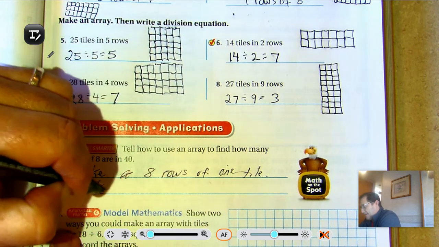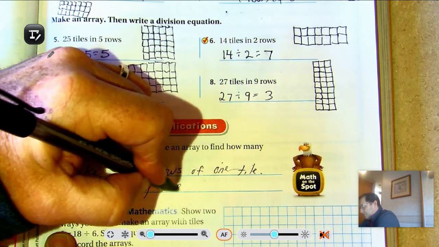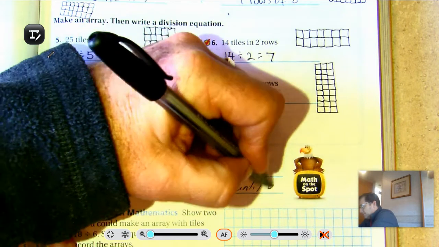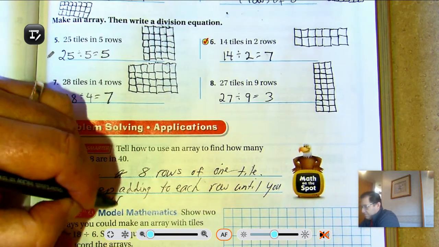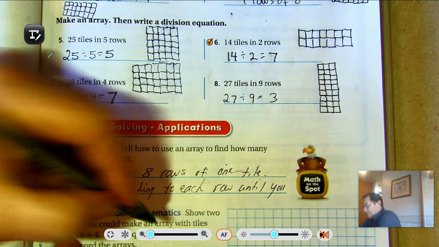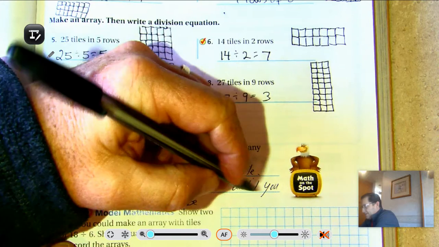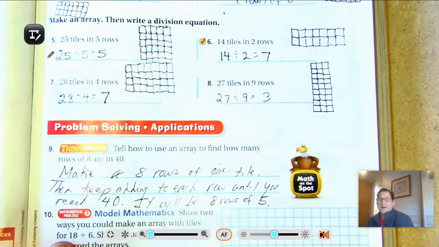Then keep adding to each row until you reach 40. It will be 8 rows of 5.